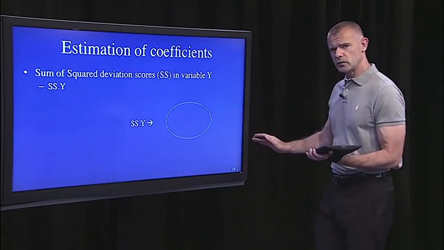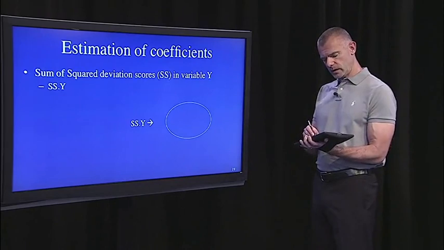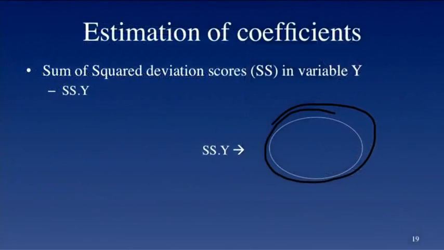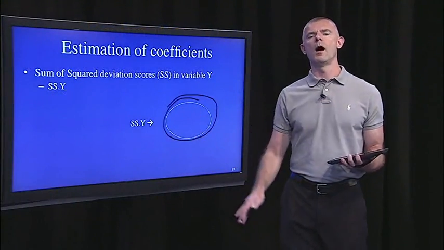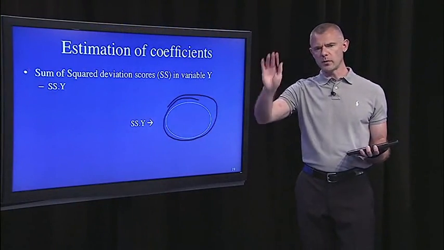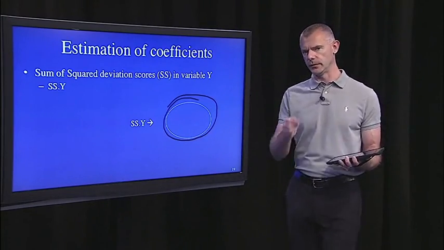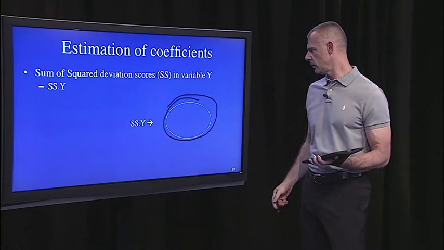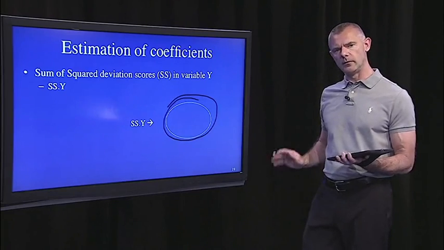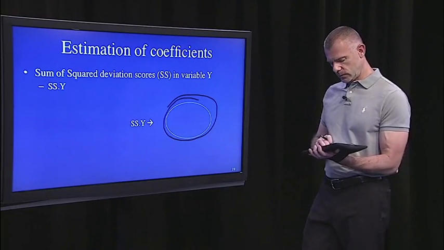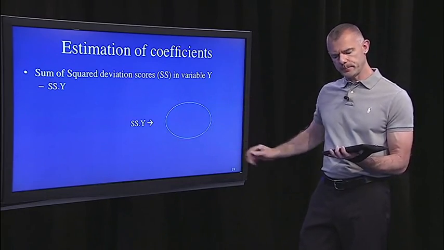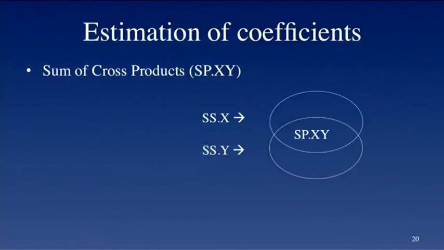So we can think of this in terms of a Venn diagram. If we look at this circle here and think of that as representing all the variance that's in our outcome measure y. So baseball players score different amounts of runs over the course of the season. There's variability in that. If we looked at the histogram, we'd have nice variability. Let's represent that in terms of a Venn diagram. So we have all the variance in y. Then we have some predictor variable x, batting average or on-base percentage.